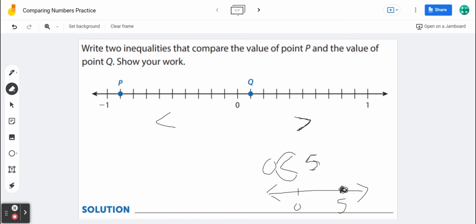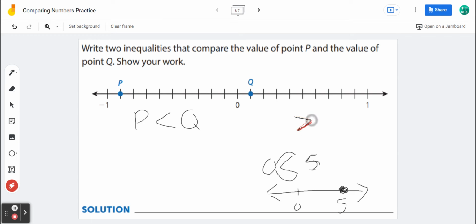So using that language, if this is Pac-Man and he wants to eat the dot, the point that's further right, which point is further right? P or Q? Q is further right. So that means this Pac-Man is going to eat the Q. And then that only leaves one option for P. P is going to go on the other side.